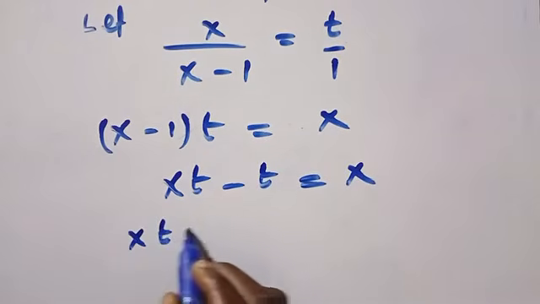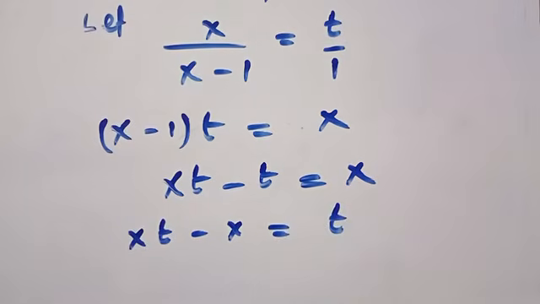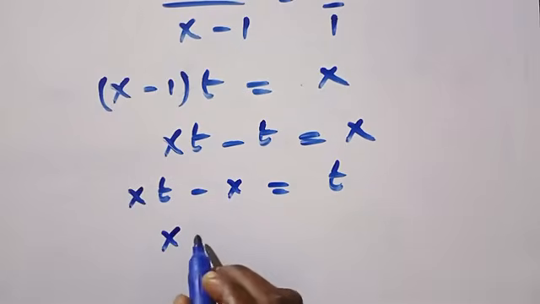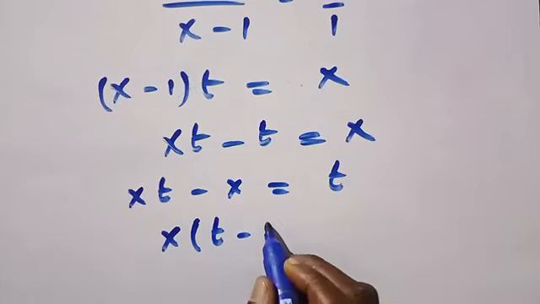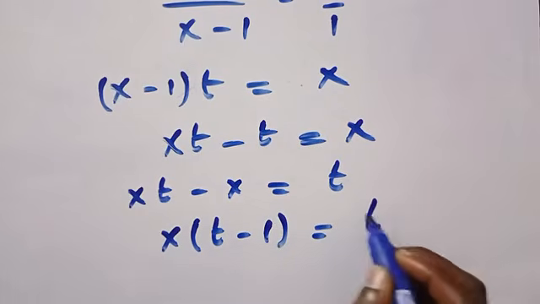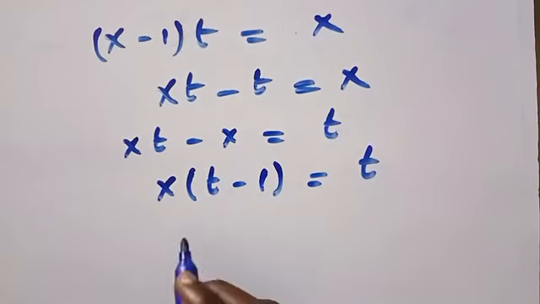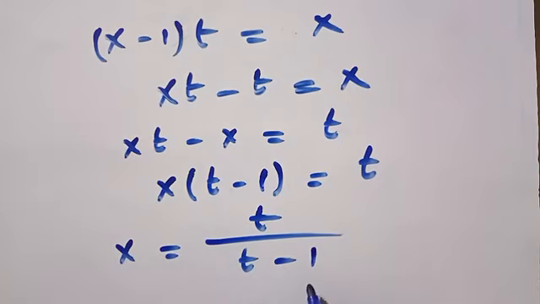Here we have xt minus x equals t. So by factoring out x, we have x into bracket of t minus 1 equals t. And we divide both sides by t minus 1. And we get x equals t divided by t minus 1.